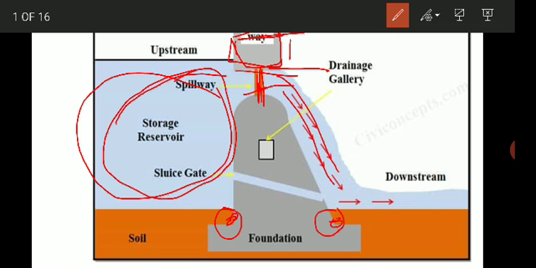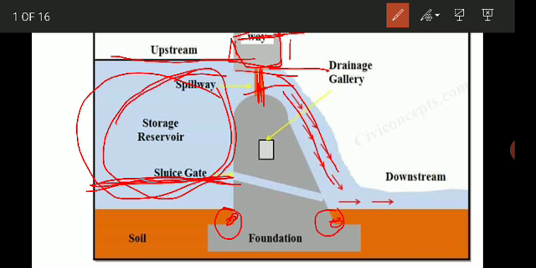Then this is the maximum water storage in the reservoir. The highest elevation up to which the water can be stored in the reservoir is called the maximum water surface. Then there is a dead water surface here. This is the limit up to which the water has to be present.